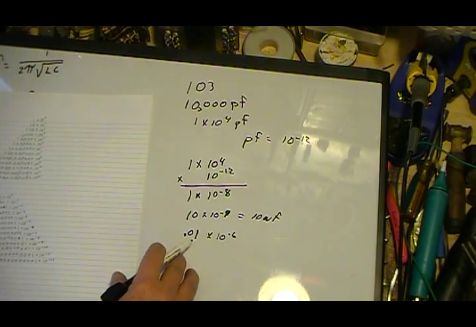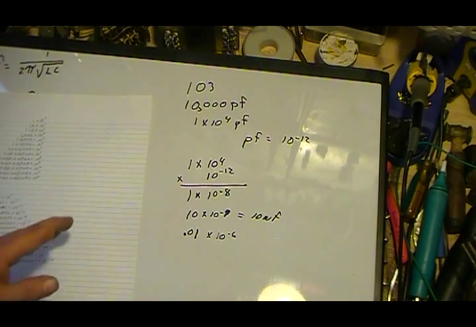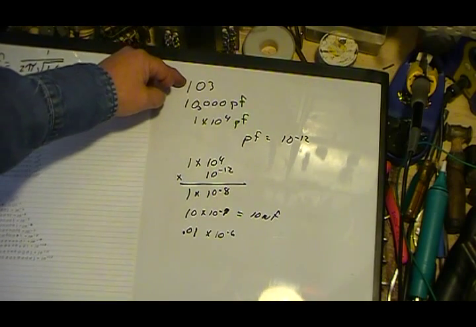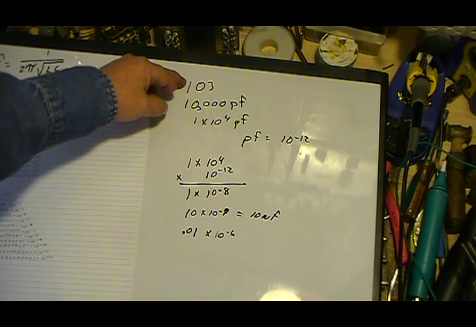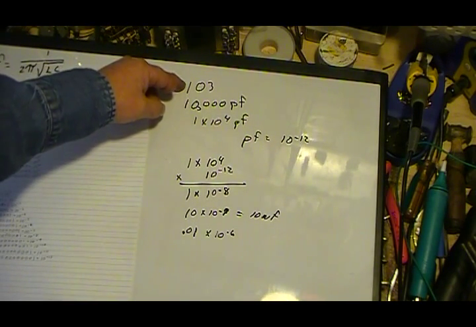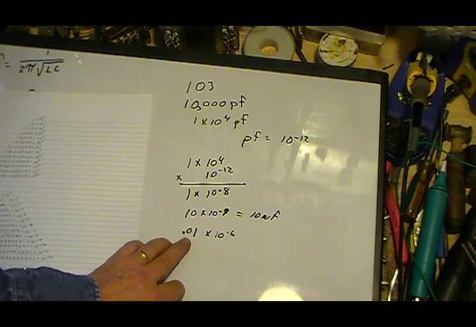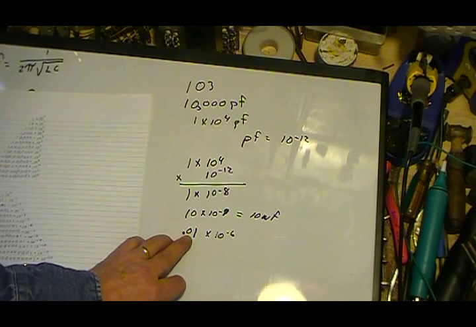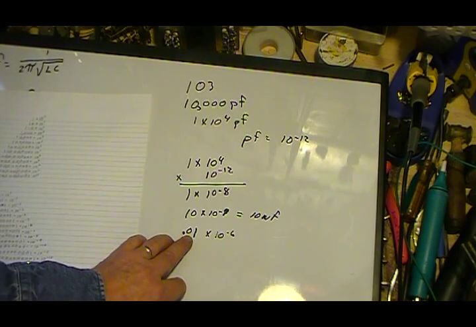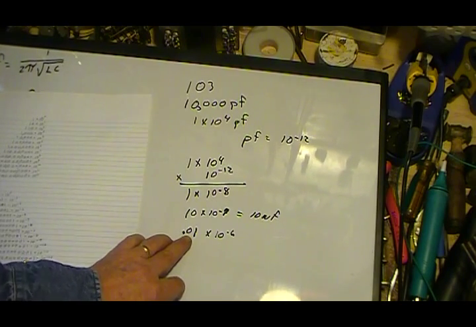So now that's a 0.01 microfarad. So in other words, a 103 is a 0.01 microfarad. A 104, if you start really looking, we'd get rid of this 0 and the decimal point would be here. A 104 would be a 0.1 microfarad.